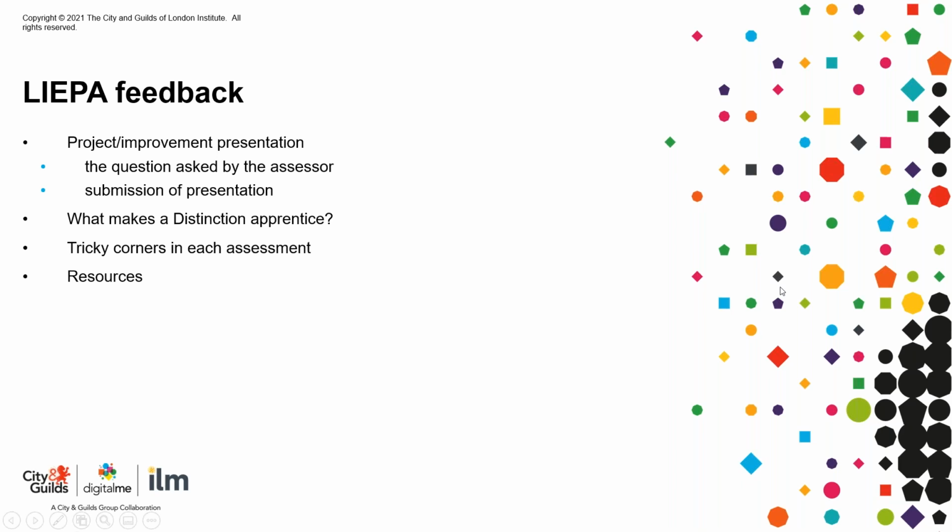So if you attended the last two webinars, many of your questions should have been answered, but today, in response to the FAQs and feedback, which came across to us after the last two webinars, I'm going to focus on the following areas. I'll clarify how the assessor question for the project works. Then I'll give you an overview of the difference between a pass apprentice and a distinction apprentice. I think a lot of people want to focus on that.